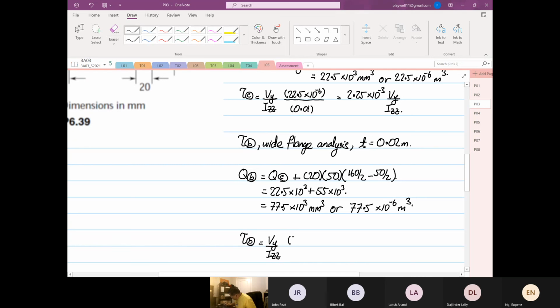And then the Q is 77.5 times 10 to the power minus 6 divided by the thickness, which is 20 millimeters, 0.02.